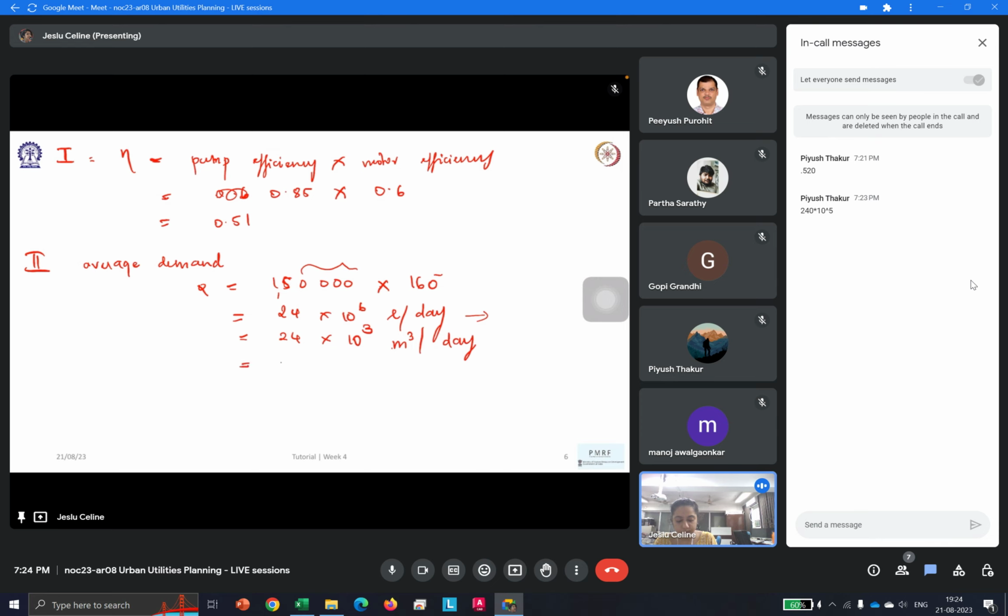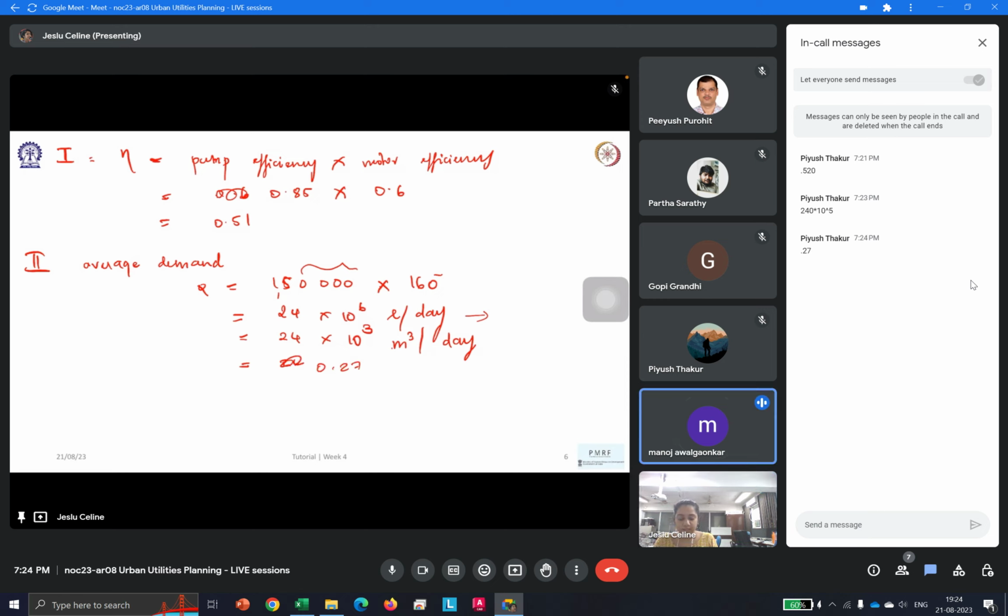Now into per second. How much does that work out to? So per day, you need to convert it into per second. 0.27 meter cube per second, right?